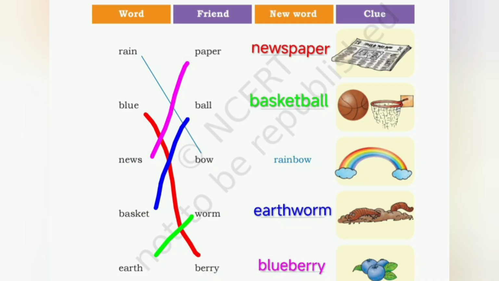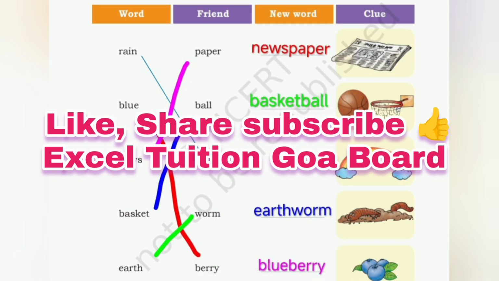So we'll write down these words in the third column as newspaper, basketball, rainbow, earthworm and blueberry against the clues given in the table.